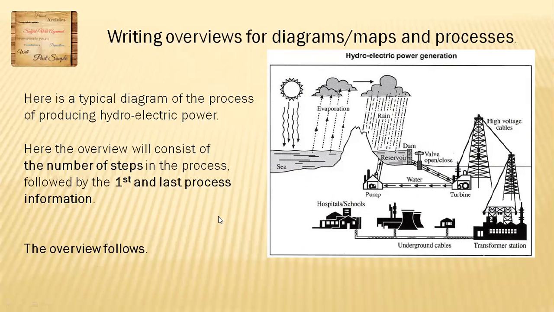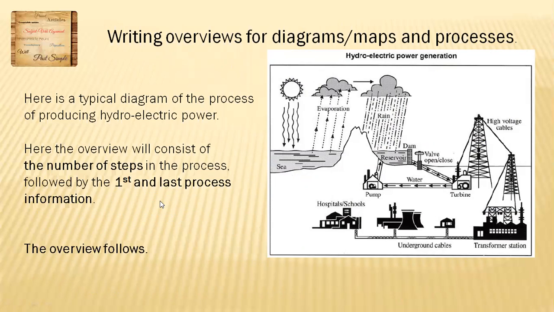So that's all you're really looking at. Even though it looks complicated, it's quite simple. You've just got to follow it. So here is a typical diagram of the process of producing hydroelectric power. Here, the overview will consist of the number of steps in the process, followed by the first and last process information.